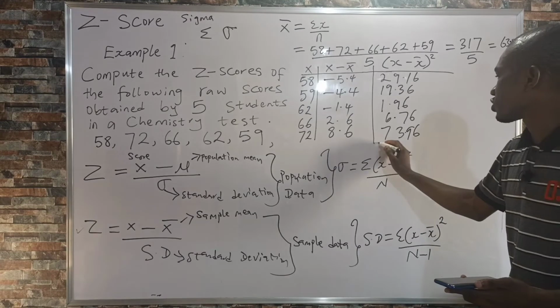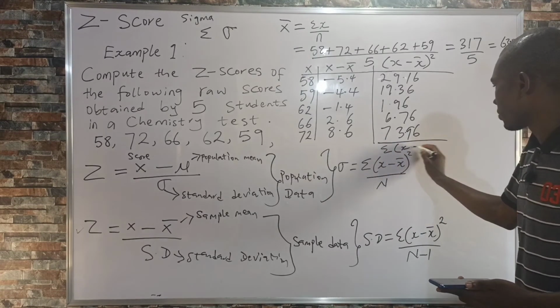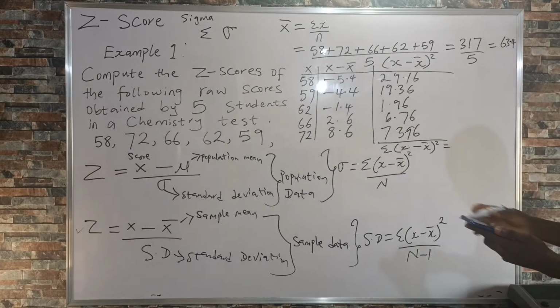So these are our squared values, and now we need the summation of everything we have here. That means we shall sum it. So here we have the summation of x minus x-bar, all squared, which is to sum everything we have here.